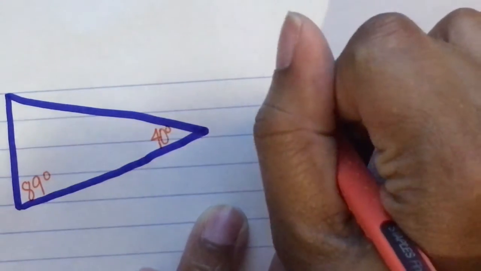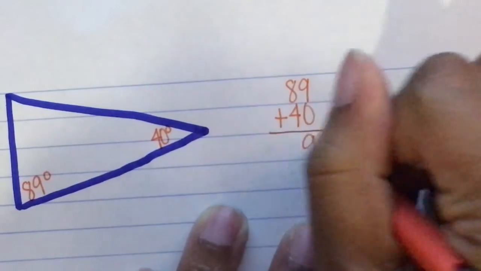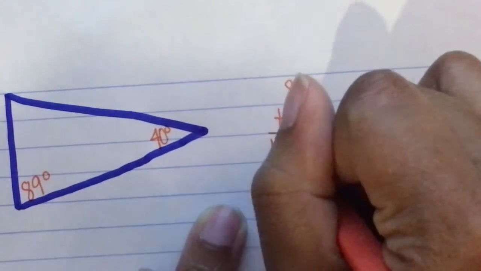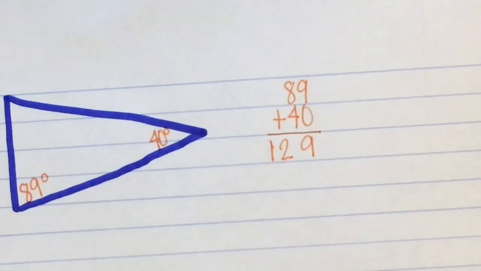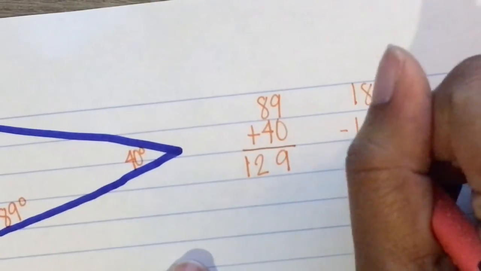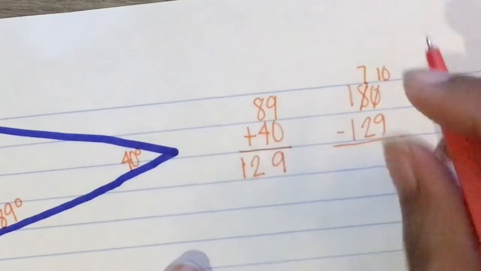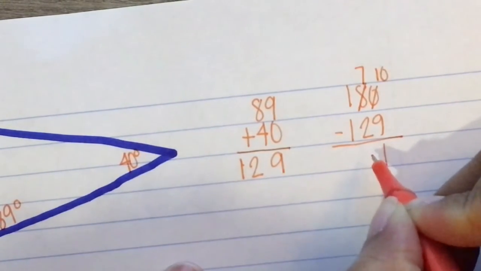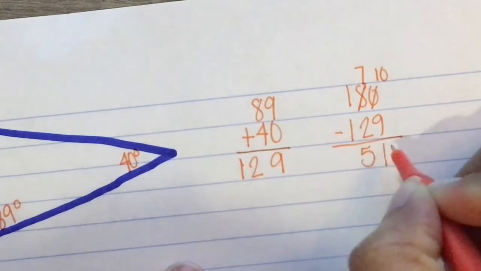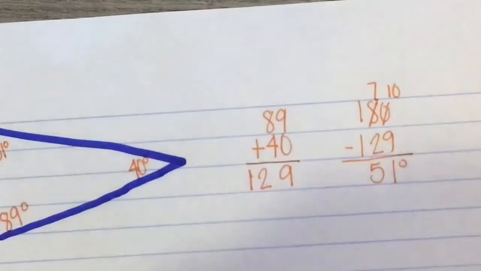Okay, so 89 plus 40 gives me 129 degrees. And I'm going to subtract that from 180. 51 degrees. So this one right here is 51 degrees.